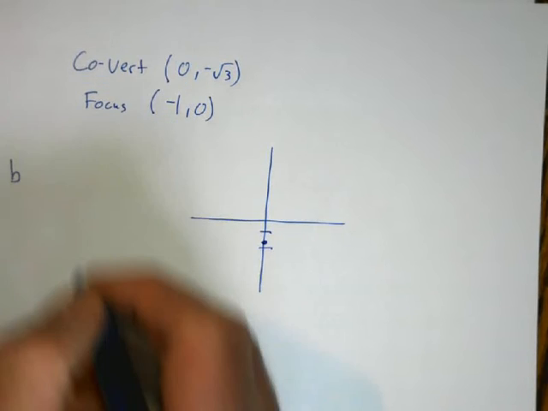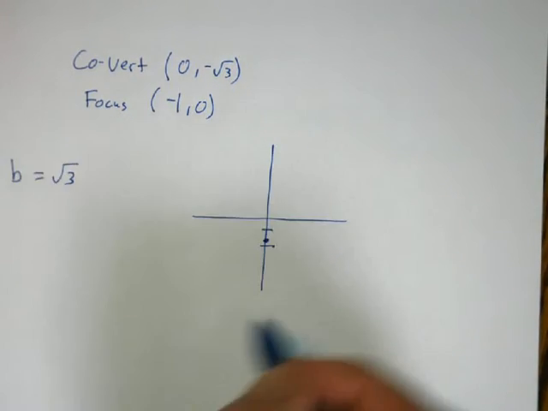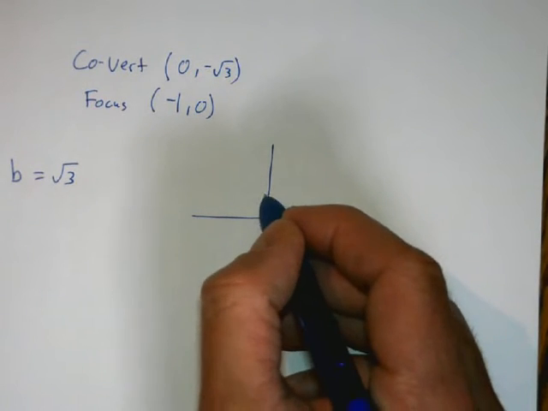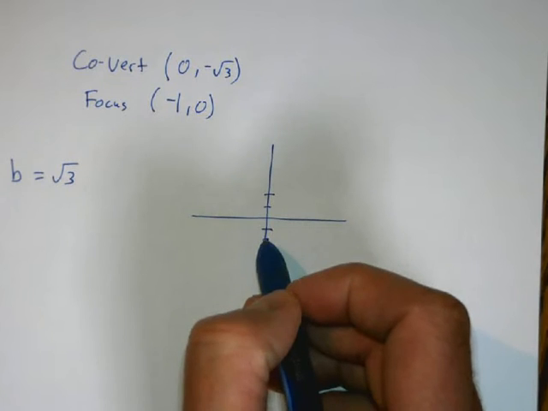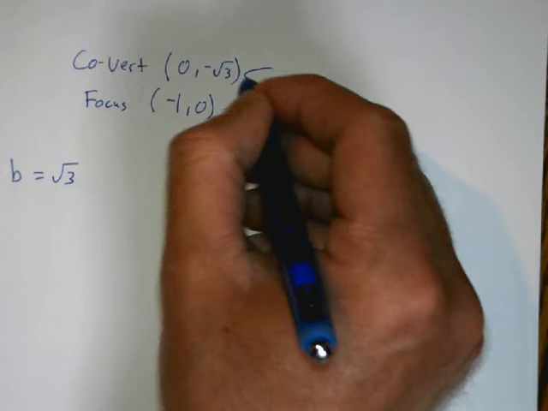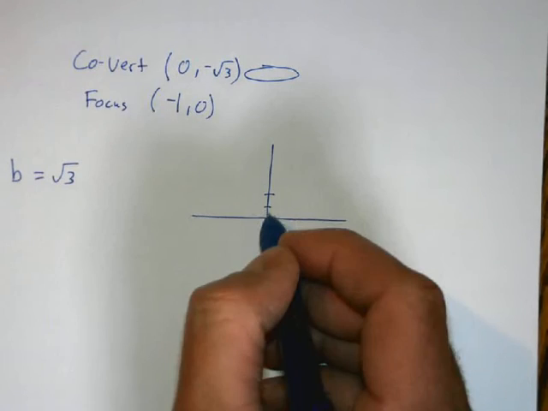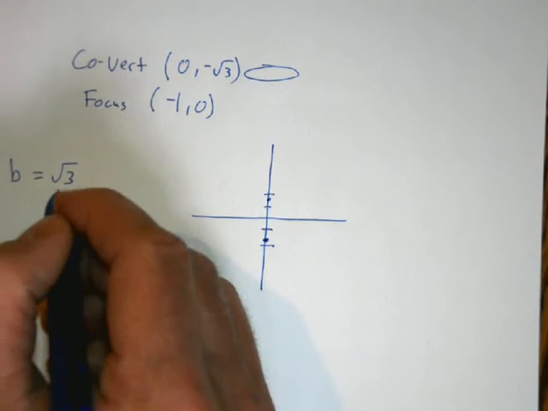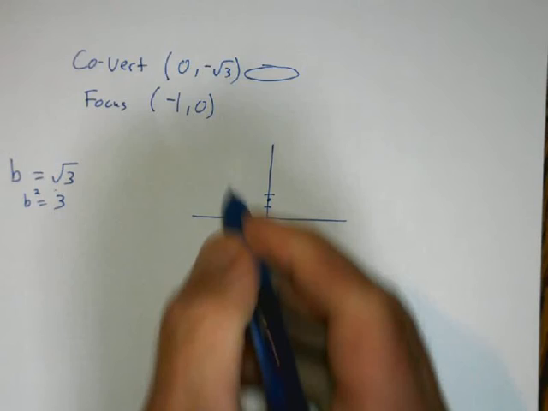So if your b value is the square root of 3, remember, distance, because you can go up or down. If your co-vertex is going up and down, that means this guy has to be stretched left and right. So your b is root 3, so your b squared is 3.